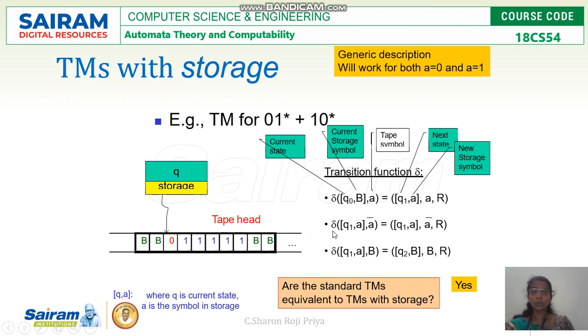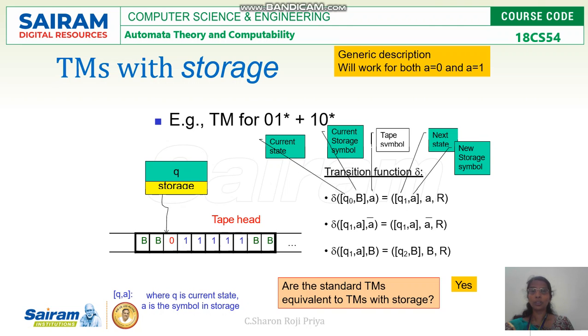So Q1 is the current state along with my storage symbol. In the next transition, you specify Q1 comma A, and definitely my input symbol should be A complement. You can check: first symbol 0, remaining symbols should be 1 star. So if it is A, the remaining symbols should be A complement. That's what I have written here. So it will be Q1 comma A complement. Again it is traveling in the right direction.